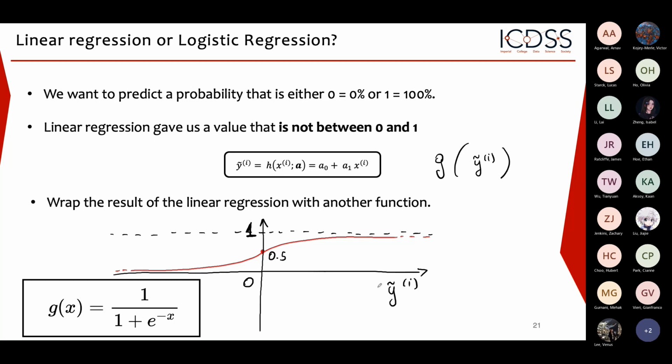So the x-axis here is the output of our linear regression. We plug it inside this function, 1 over 1 plus e to the minus x, and you see when the value of the linear regression is 0, we're going to have a 50-50 chance that our engine is going to work.